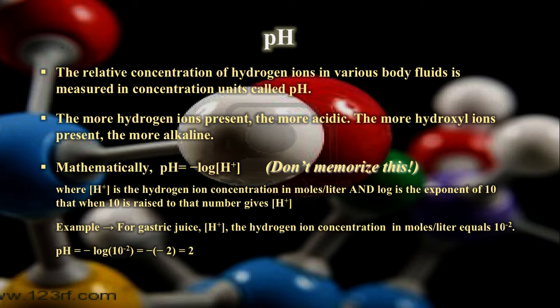Then, if we plug that into our equation, negative log of 10 to the negative 2 is going to give us negative 2. Okay, because we're just looking for what that exponent is. Two negatives cancel out and will give us just 2. So, stomach acid has a pH around 2 because our hydrogen ion concentration is around 0.01.